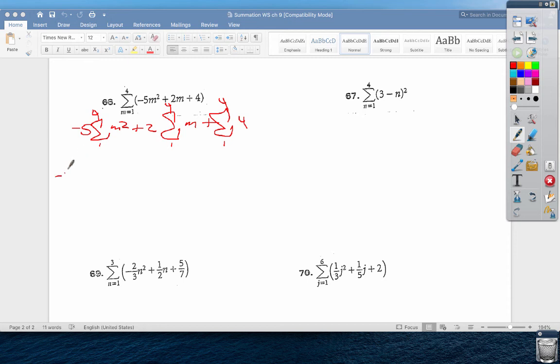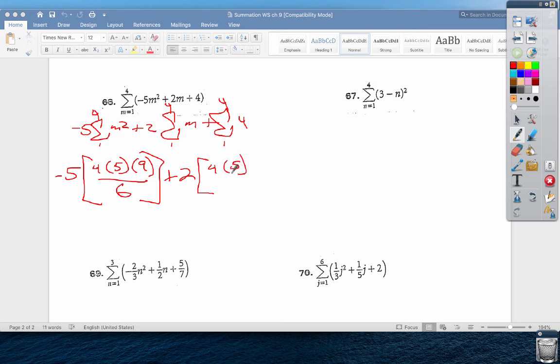Okay, so I have a negative 5, and I will use the quadratic equation, which is n plus 1 and 2n plus 1, which is 8 plus 1, which is 9, all divided by 6, plus 2. Now I use the linear one, which is n plus 1 divided by 2. And then I use the constant one, which in this case is 4 times 4.